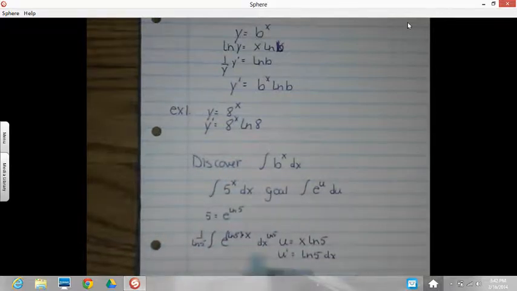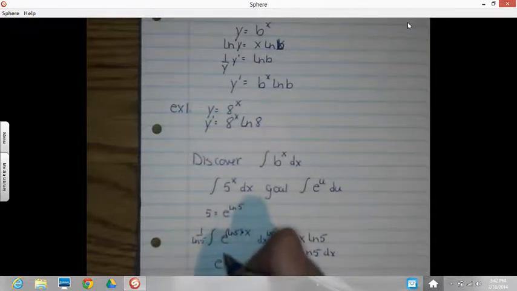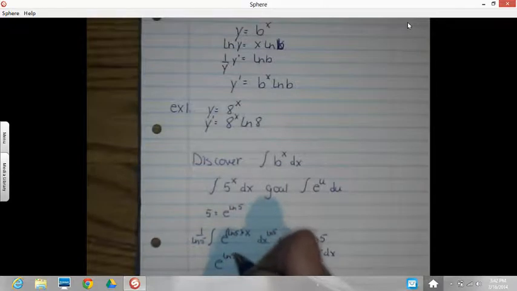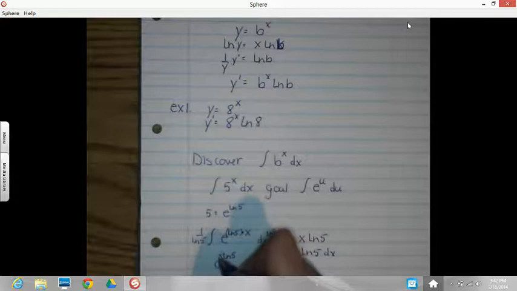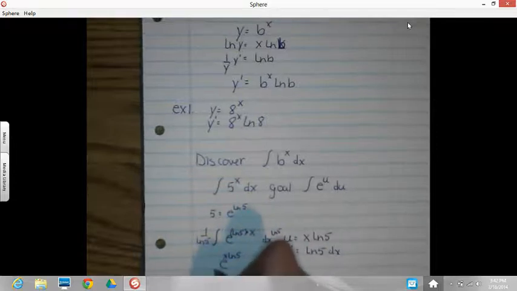And so then it's e to the u prime. It integrates right back to itself, and then I just got to carry this along. So I'm going to have e to the ln of 5 times x all over ln of 5.